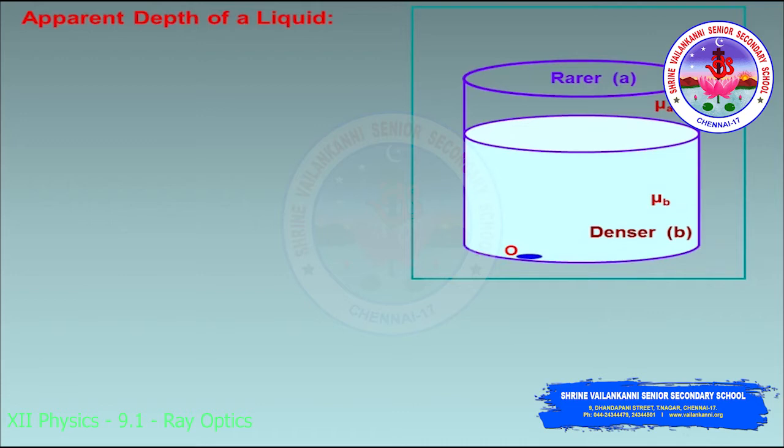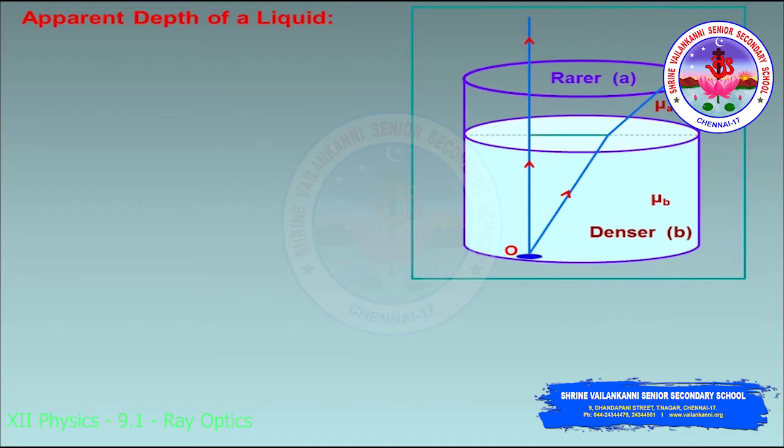See the diagram, the object O is placed at the bottom of the beaker filled with some water. See the ray from the denser medium to the rarer medium, it starts from that O and gets refracted along the path, right? So these rays appear to diverge from a point, right?